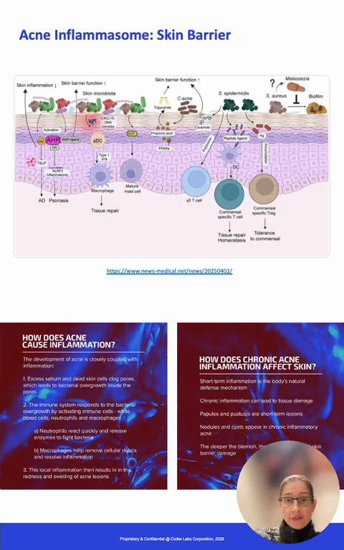Impaired barrier function, that is, the inflammation associated with activation of the acne inflammasome, weakens the skin barrier to the point where it becomes more permeable or porous, which allows external irritants, allergens, and bacteria to penetrate the skin more easily, which leads to further inflammation and potential skin damage, and finally, delayed healing.